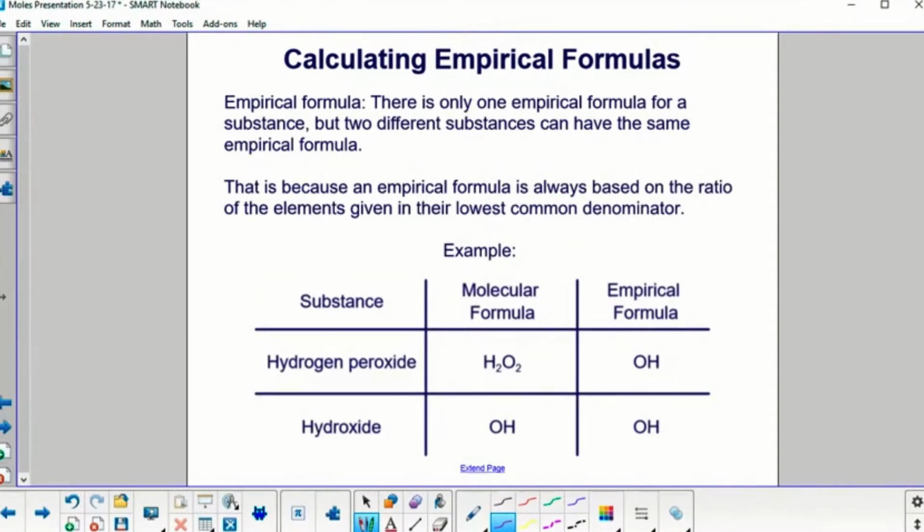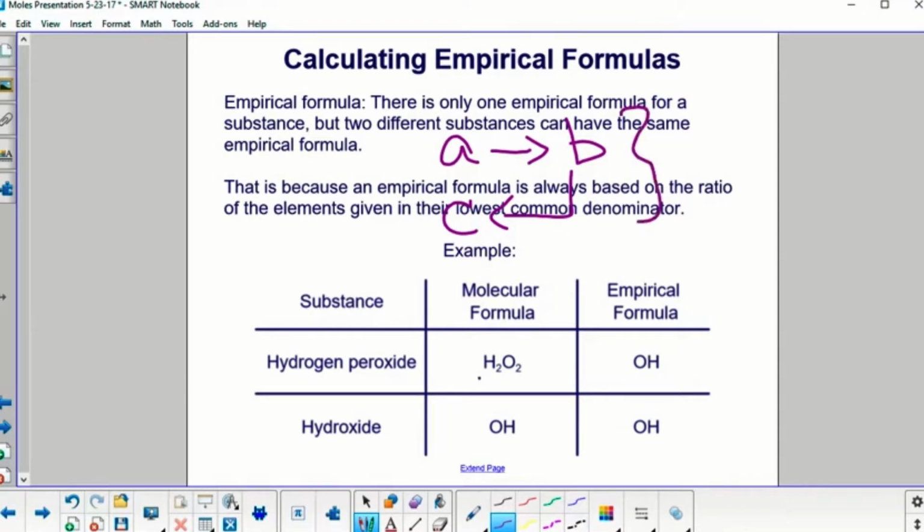There is only one empirical formula for a substance, but two different substances can have the same empirical formula. Mathematically, A implies B, but B does not have to imply A. It could also imply somebody else. And that's because of this lowest common denominator business. So here's an example. You don't have to worry so much about this.